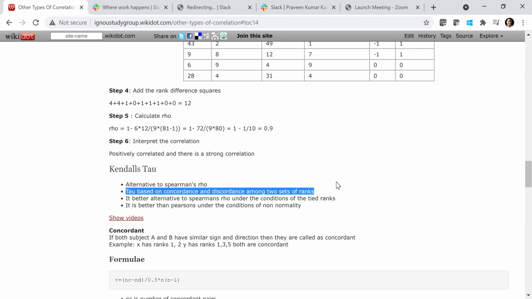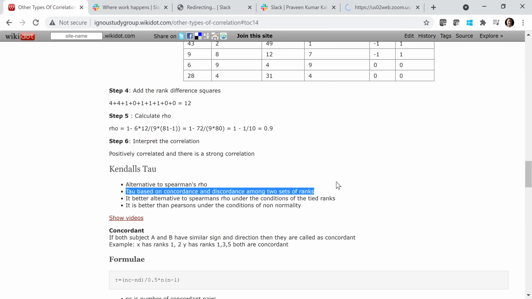Except for that, everything else really remains the same. When you have non-normal data, which is not normally distributed, you can't really use Pearson. If you have a smaller amount of data, then the parametric test also becomes inefficient.